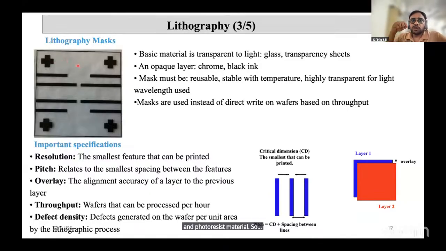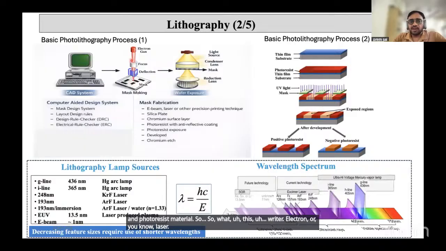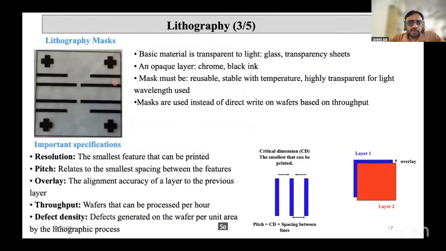The writer, electron or laser, you can use based on our feature size. Feature size is the channel length or all that. If you see here, I have written these black lines. This is chrome.